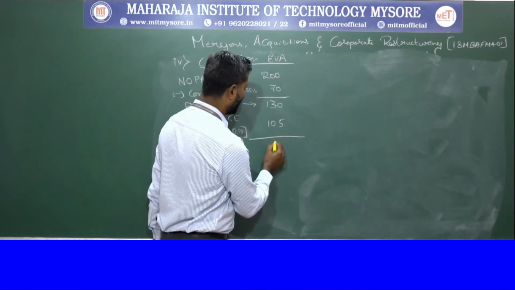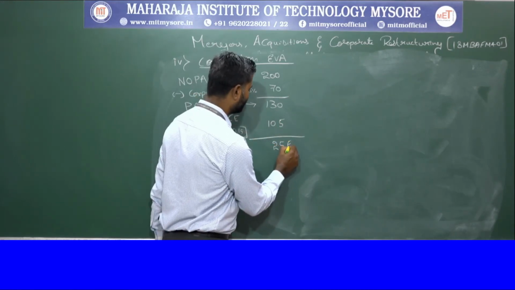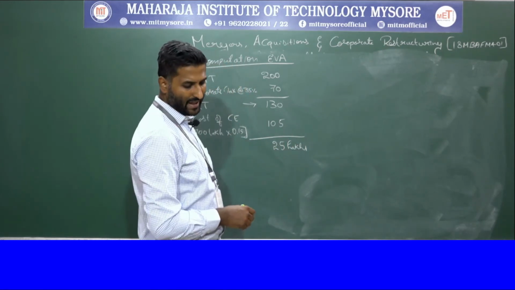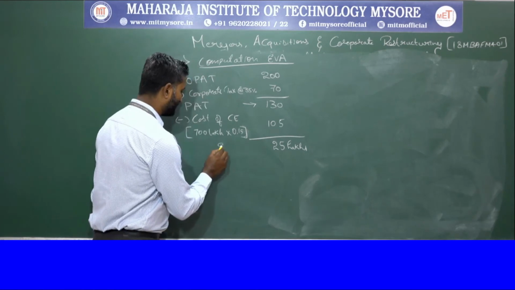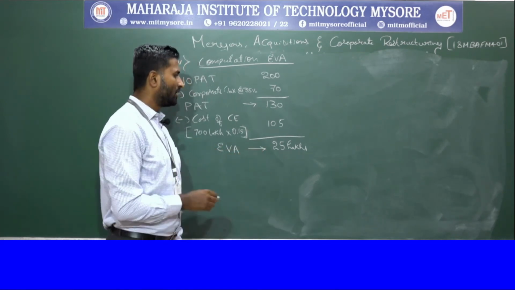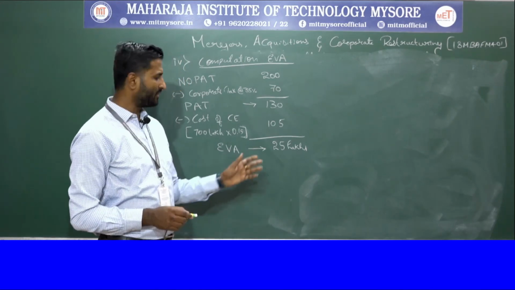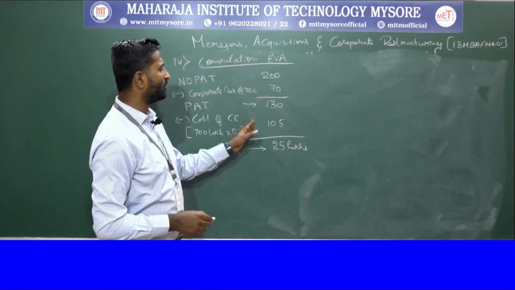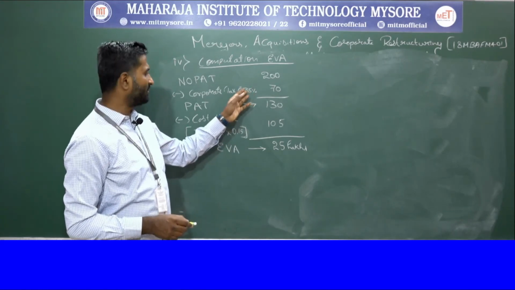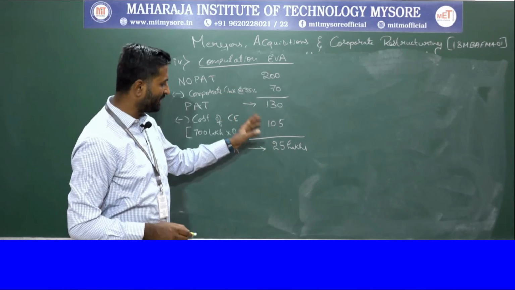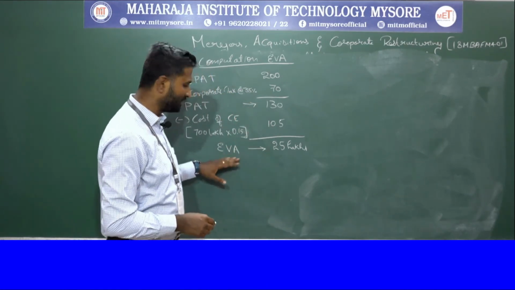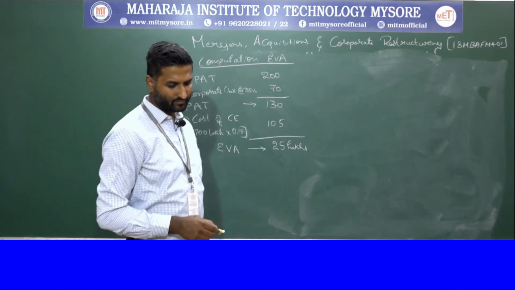So therefore we are left with 25 lakhs, which you can consider as economic value added. So you can say that the firm, after meeting all the long term liabilities and the default risk with respect to tax and all, still has a value of 25 lakhs under the EVA method.